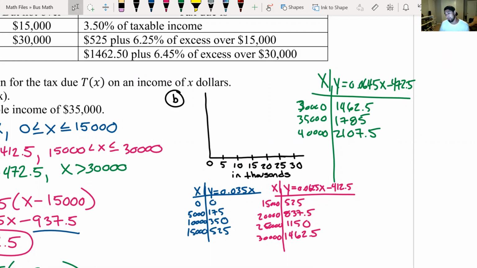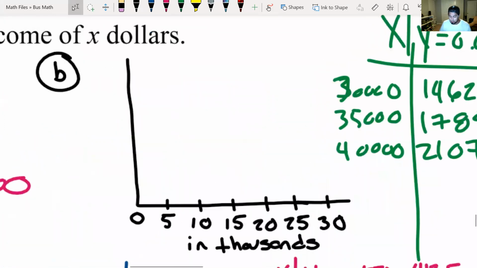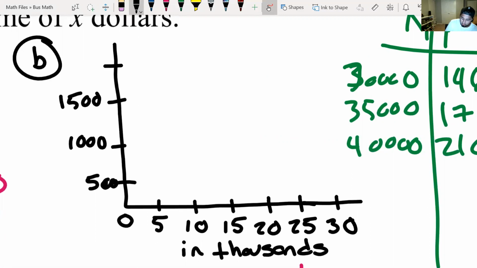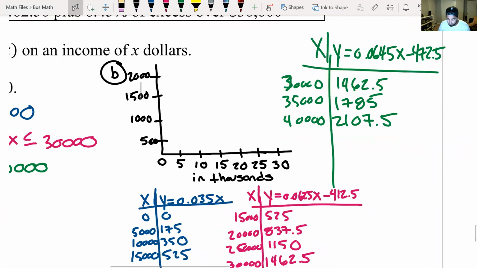I'm just going to go by 500. Like I said, it's just going to be a sketch. Doesn't have to be too perfect. So let's say 500, 1,000, 1,500, and 2,000.